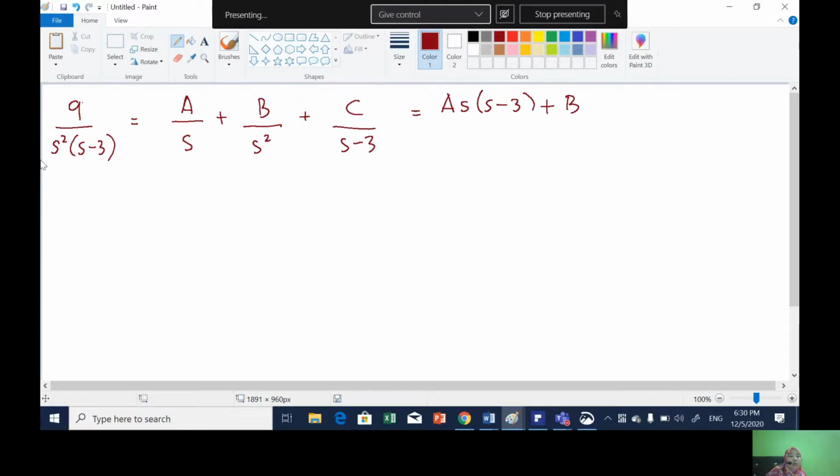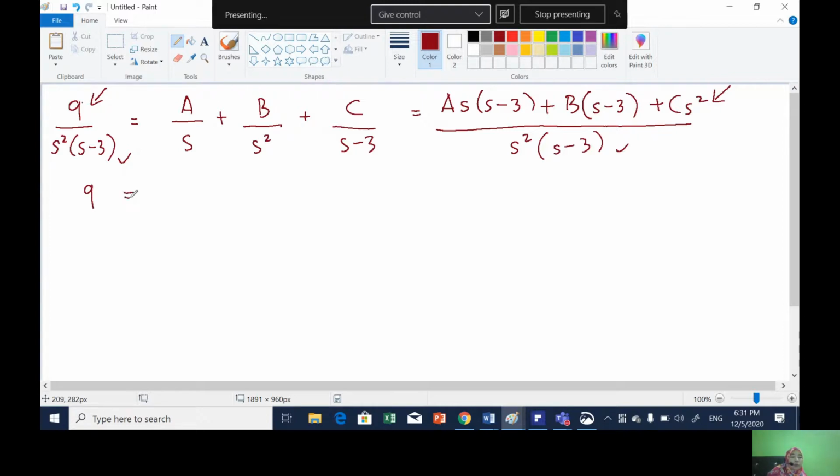B has s squared from here, so B does not have this part, so B will multiply with s minus 3. C has this one, C does not have this part, so write down s squared here. Then they have the same denominator as this one. So the next step is to compare the numerator part, the one I marked. Compare the numerator, write down.